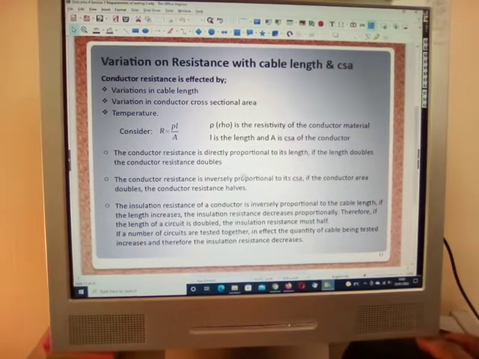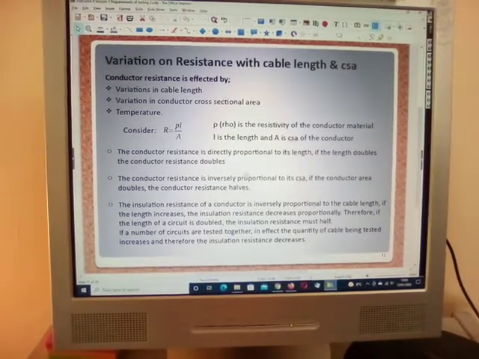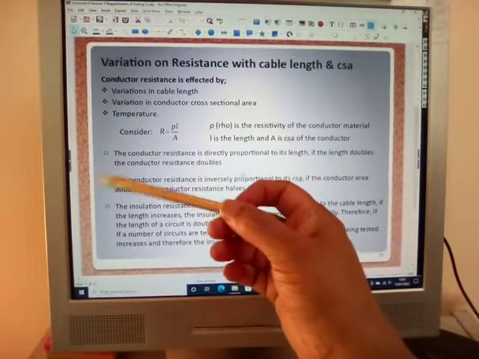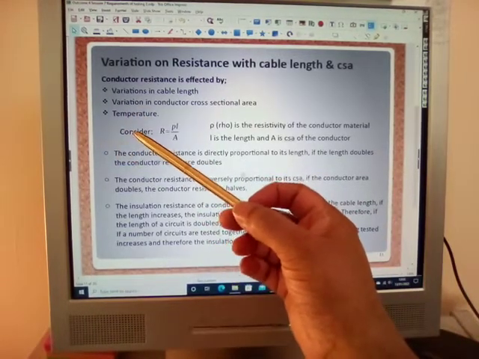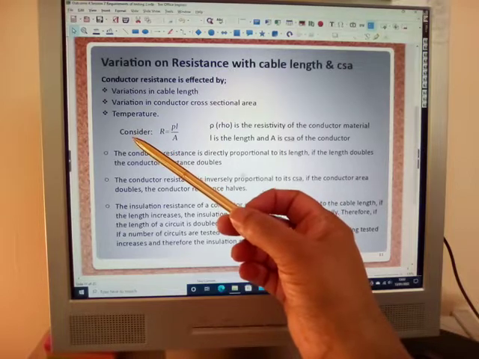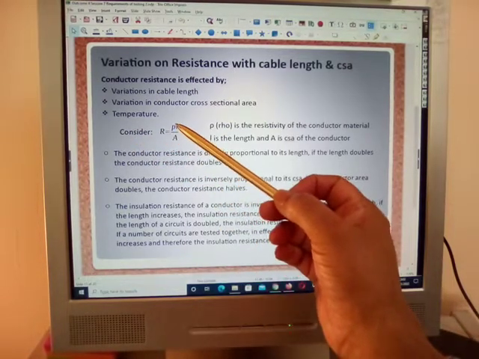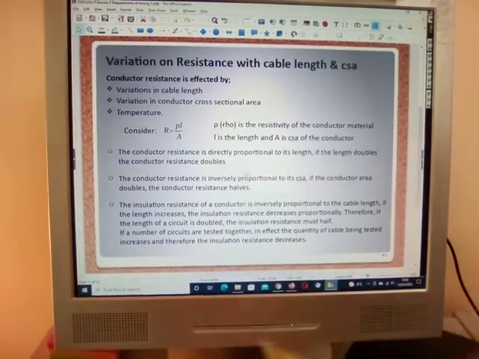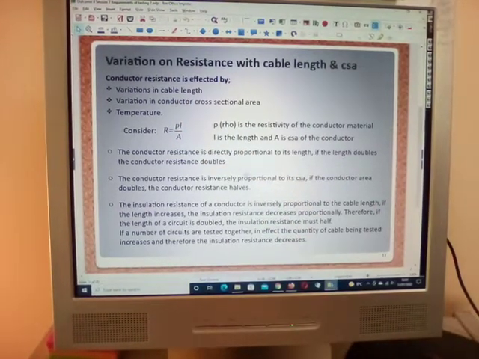Various resistance, cable length and cross-sectional area. This here is calculation for resistance. Consider R equals rho L over A. No, that's rho L over A. L is the length of the conductor.